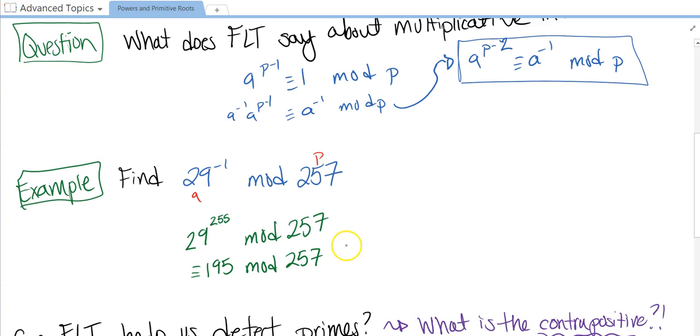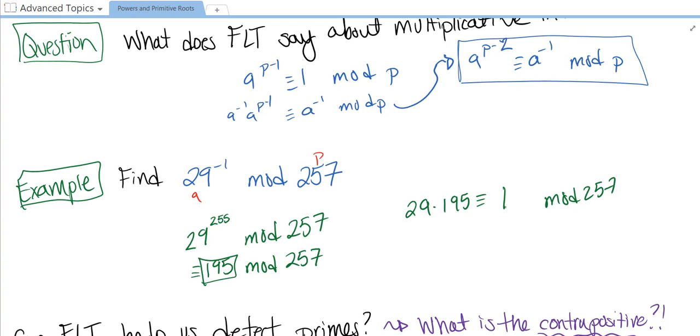Just to double check, you can do 29 times 195 and then take this mod 257. When I did it, I indeed got 1. So make sure to double check that on your own.